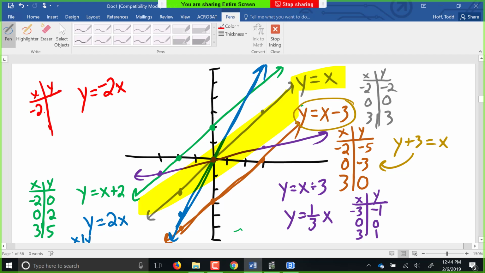If x is negative 2, what's y have to be? Positive 4. If x is 0, y would be 0. If x is positive 3, y would be negative 6. We've got negative 2, positive 4, 0, 0, and 3, negative 6. We see that that line indeed does go down instead of going up.